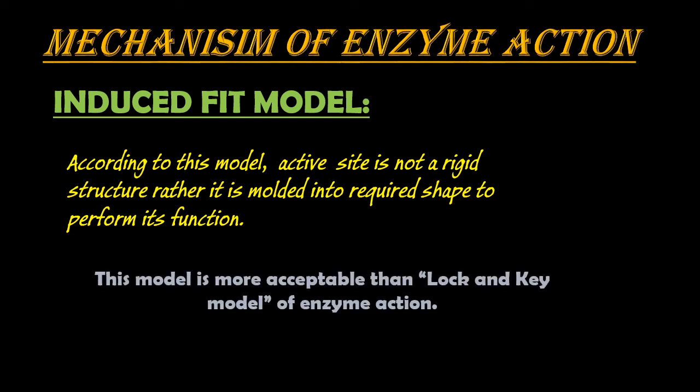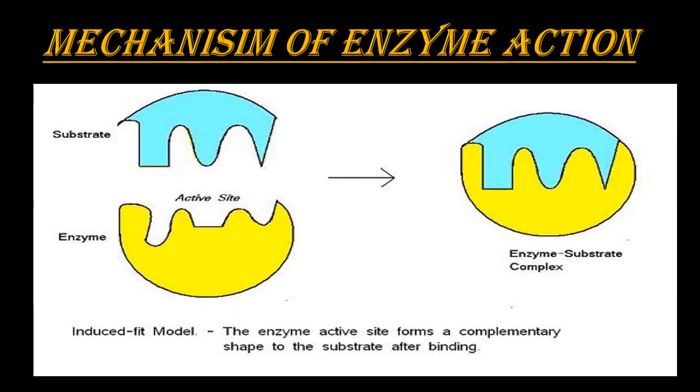And this model is more acceptable than the lock and key model of enzyme action. Now, here is a diagram from which you can understand this model. And this model is opposite to the lock and key model.